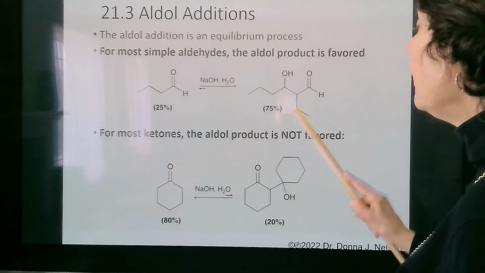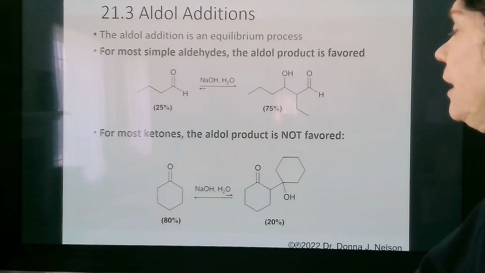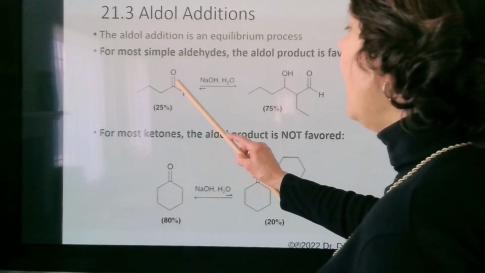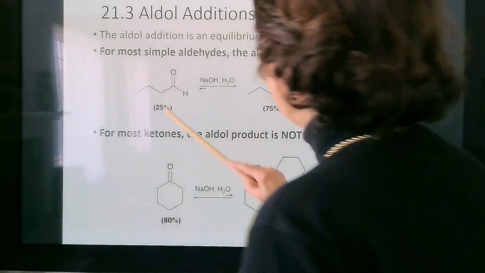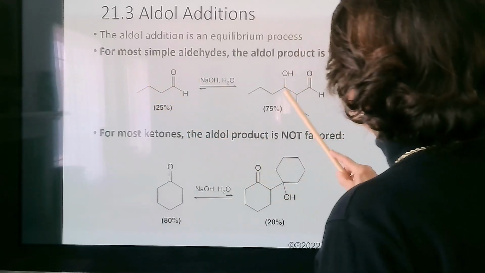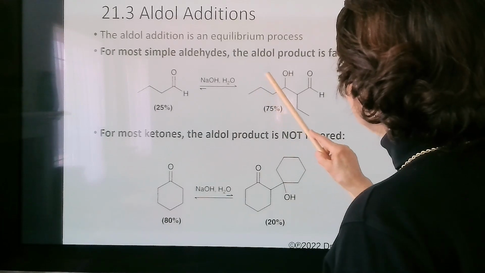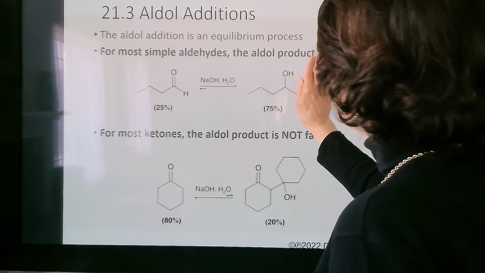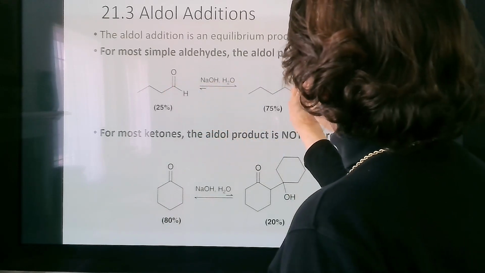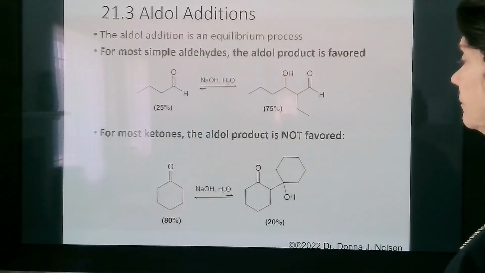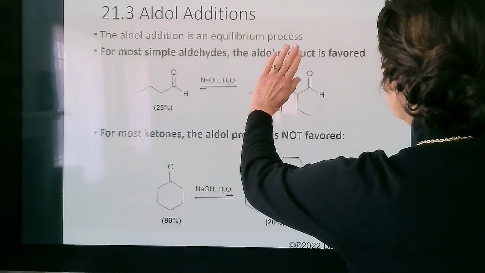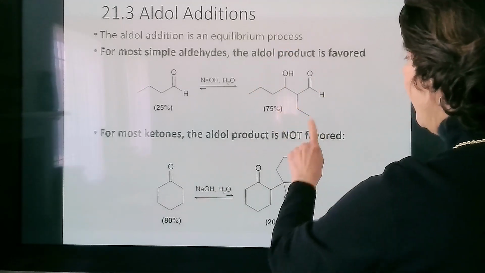So you can usually identify the new bond by looking at the substituents attached to the aldehyde. So 1, 2, 3, this is a 3-carbon chain. 1, 2, 3, there it is. Here is 1 carbon skeleton from the aldehyde, and here is the second carbon skeleton from the aldehyde.